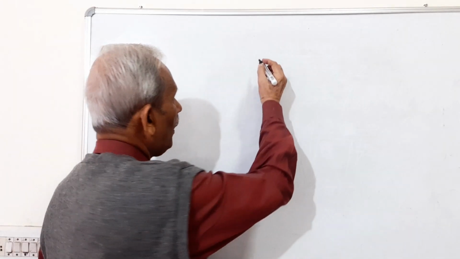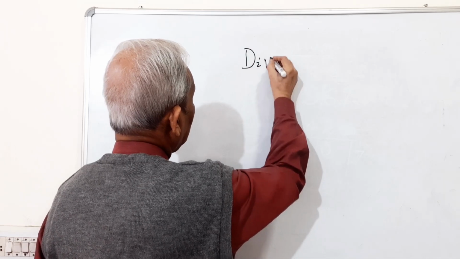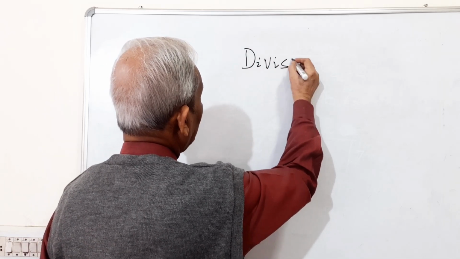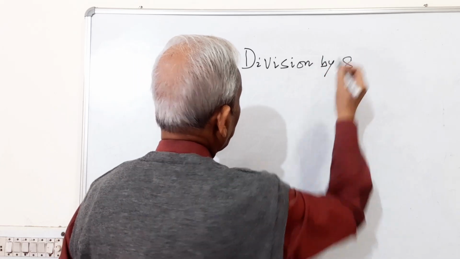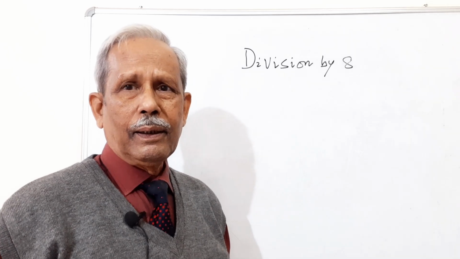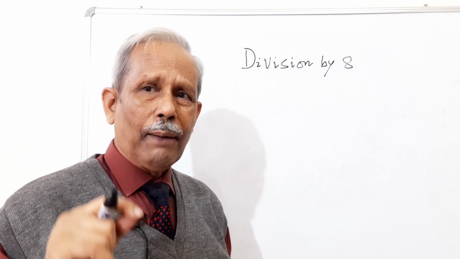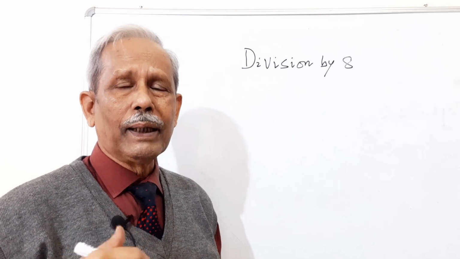This session is on division by 8. I think you remember that while doing division by 9, I pointed out that you have to remember the complement of the divisor while making the division.